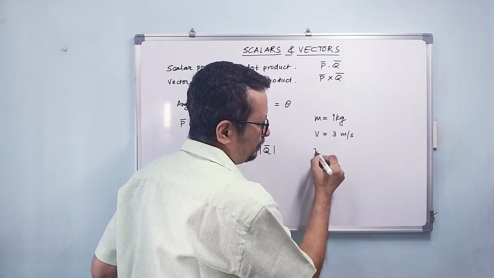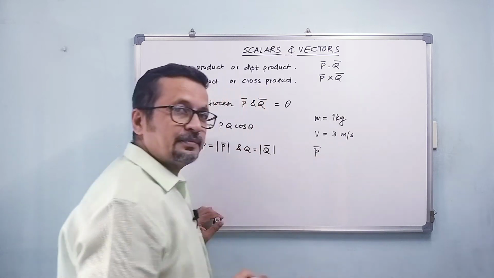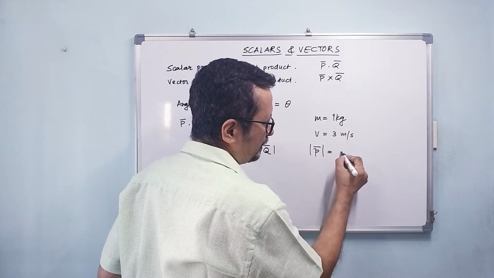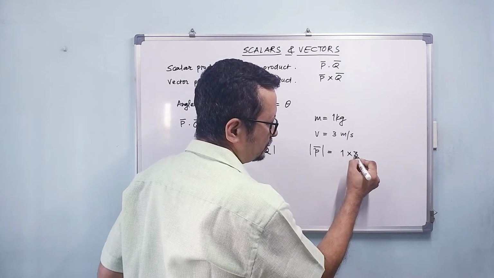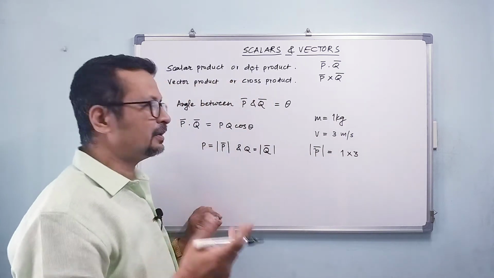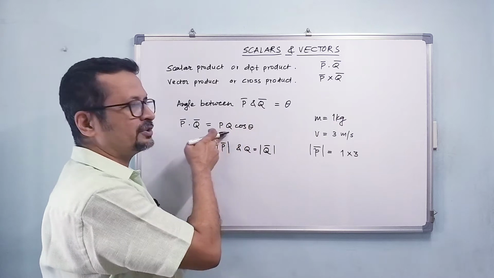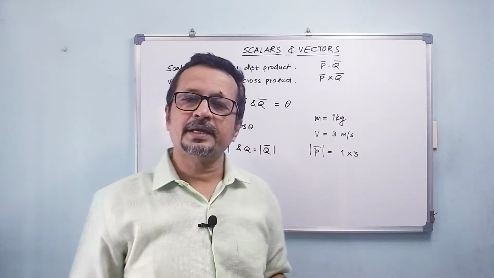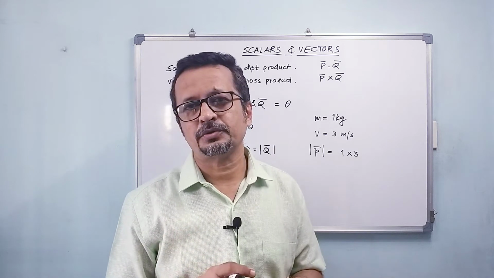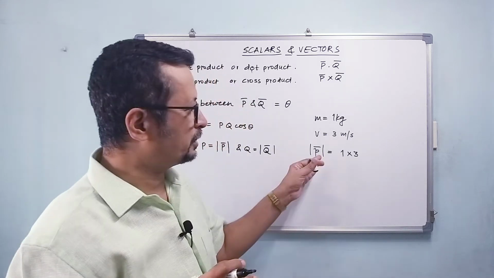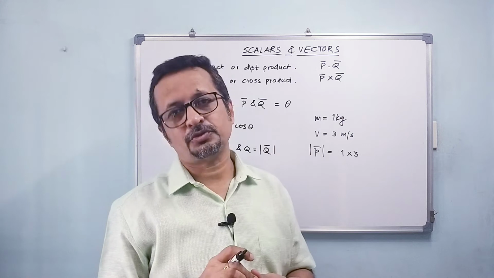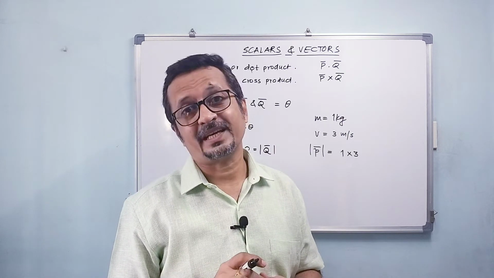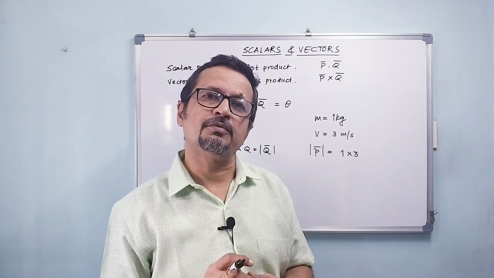Then the magnitude of momentum would be given by 1 into 3. Here there is no such thing as cos theta, because you are multiplying a vector quantity by a scalar quantity, so the magnitude of the resultant is simply the multiplication of the magnitudes of these two. But that doesn't happen with your scalar product. Now why is it so?